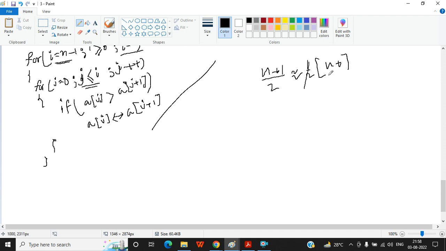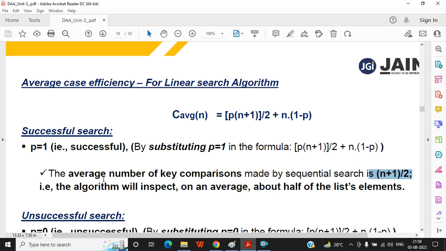Between n and 1, n is the maximum. So you can write this as big O of n. So what will be the complexity of linear search when the search is successful? It is big O of n, in the average case.